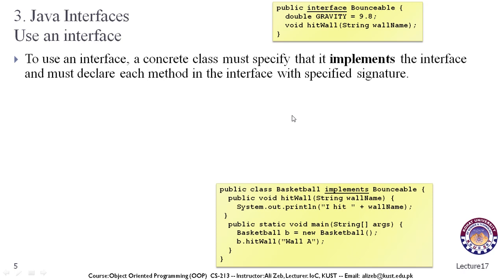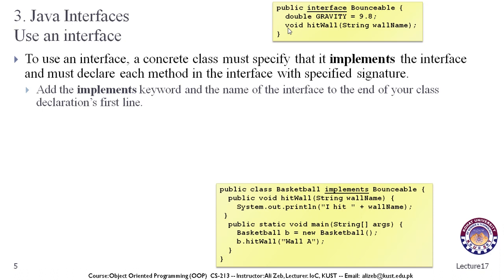And these two methods, public void hitWall, String wallName, the signature of these two methods needs to be the same. Now we do not have the public keyword over here because it is implicitly a public and an abstract method.